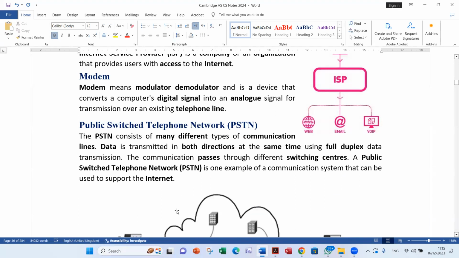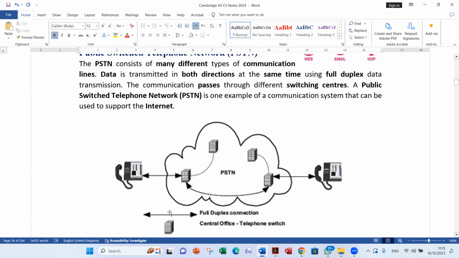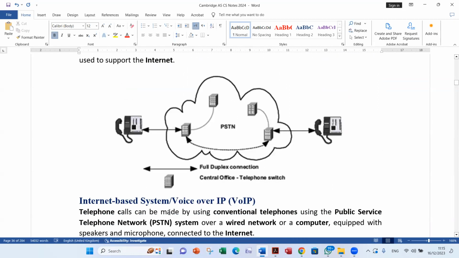Modem, that was from the old age, I think, because nowadays we have ADSL. We have a router now at home, not a modem, because in the old days there was a bit of old technology here. This is the PSTN, public switched telephone network. These are landlines.